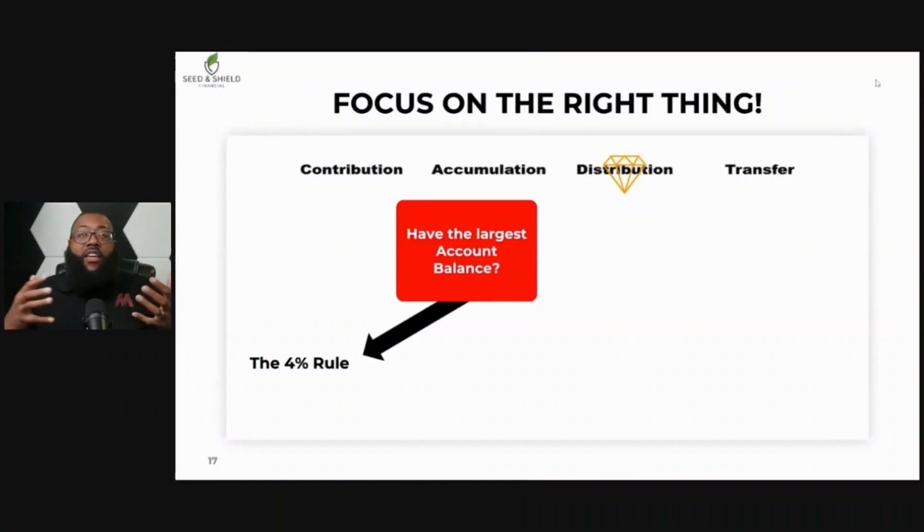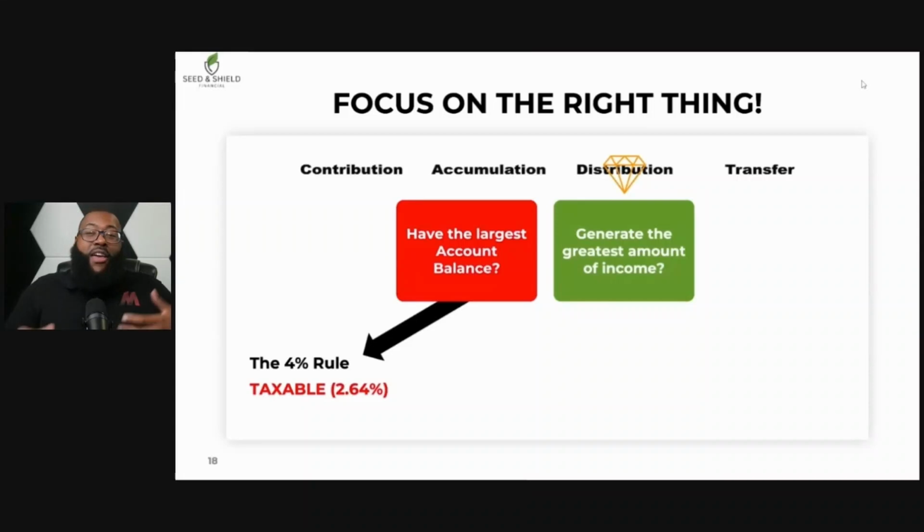And common investment guides always mention something about a 4% rule, right? So you might have heard of that. The problem is that when you take 4% of your account balance, after taxes you're really only getting about 2.64% of your money, okay?